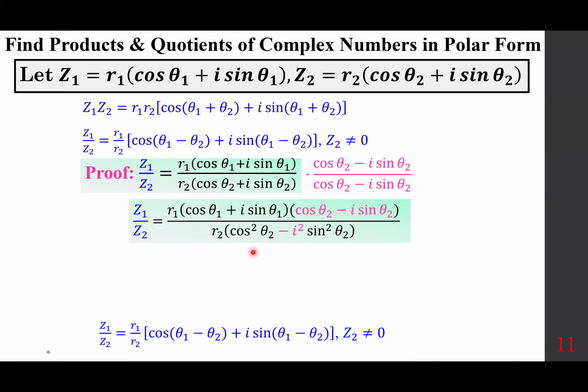And i squared will be changed to minus 1. And this whole thing becomes plus 1. So what is the denominator? The denominator is cosine squared of theta 2 plus sine squared of theta 2, which is 1.